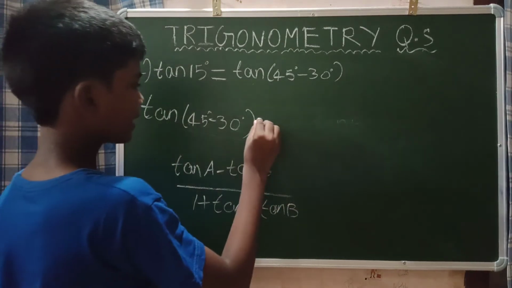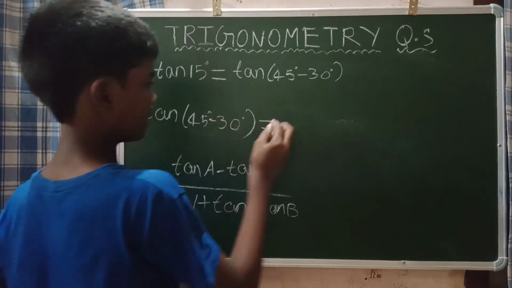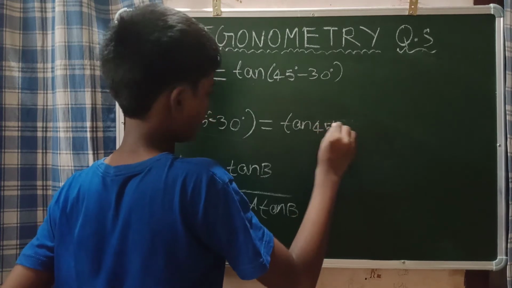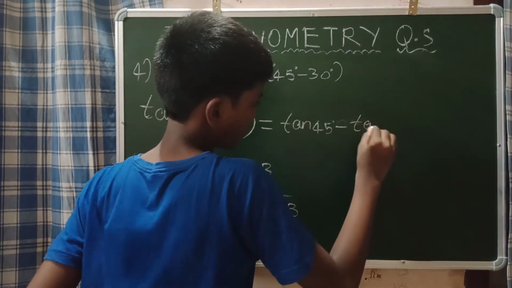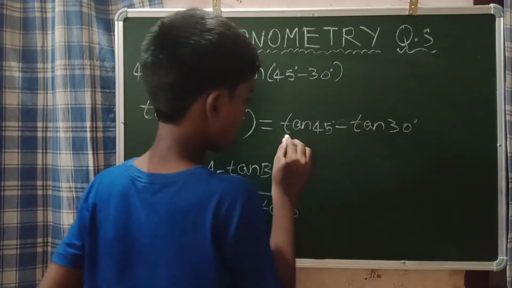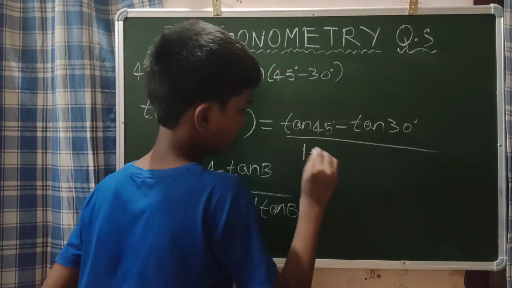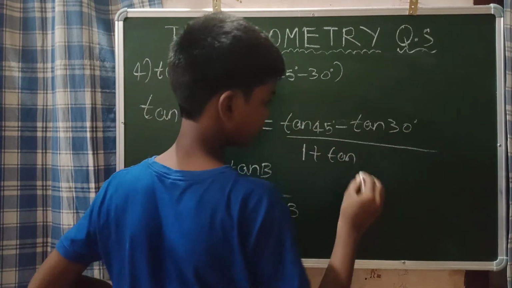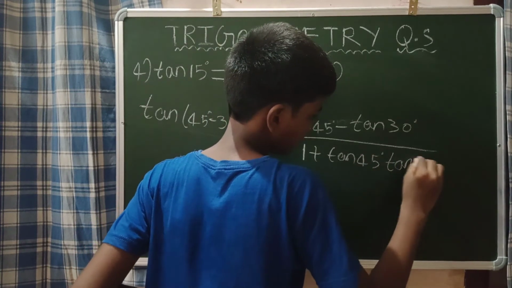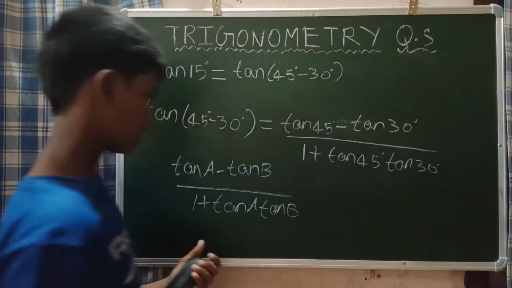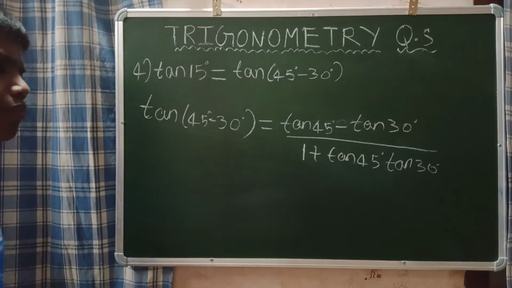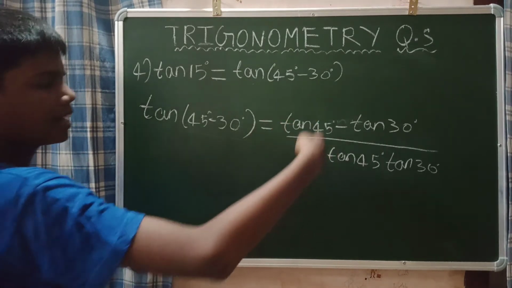Now we can write this as tan 45 minus tan 30 divided by 1 plus tan 45 degree and tan 30 degree. It's more simple now. Now we are going to find the value of this for tan 45 and tan 30.